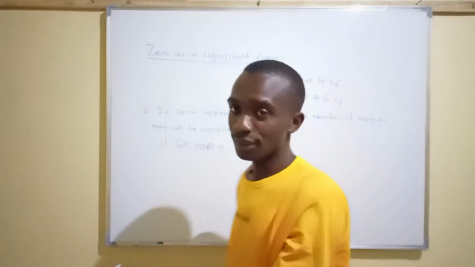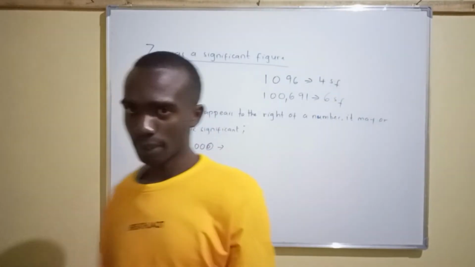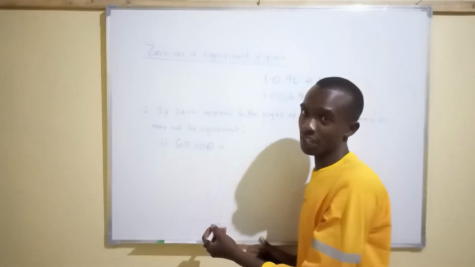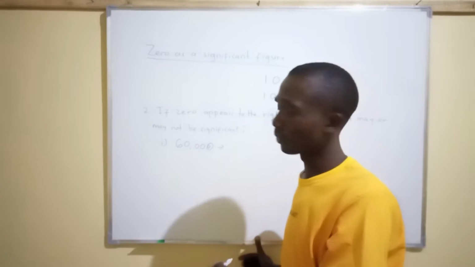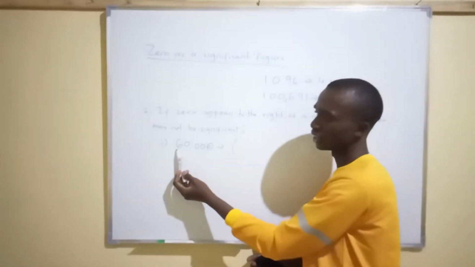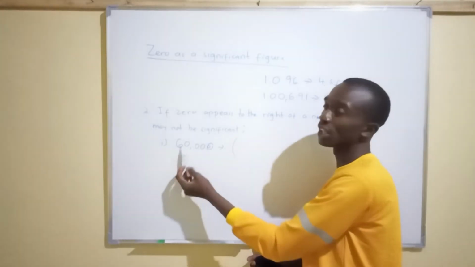In such an example, we don't have a decimal place. In the absence of a decimal place, these zeros can be counted as significant figures, and at the same time, they cannot be counted as significant figures. Now, for the case that we have 6 and 4 zeros, 1, 2, 3, 4, plus 6, those are 5 figures.